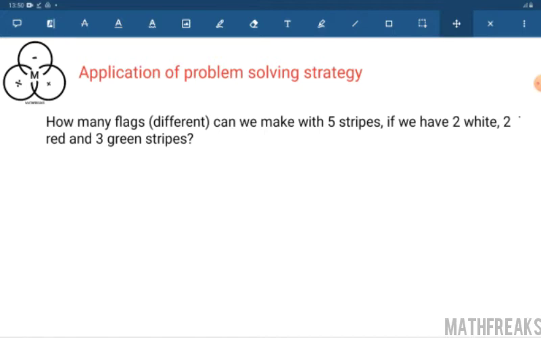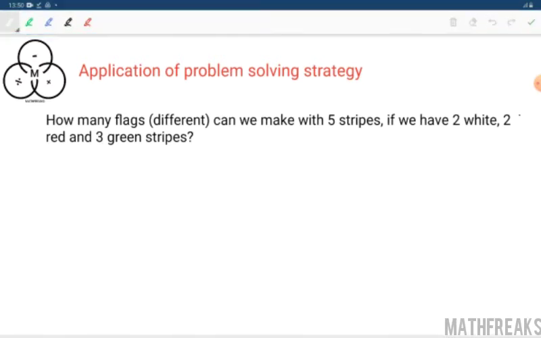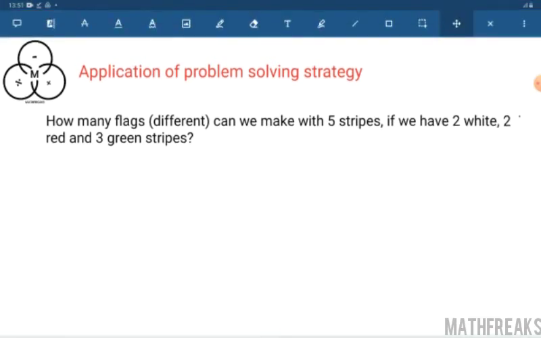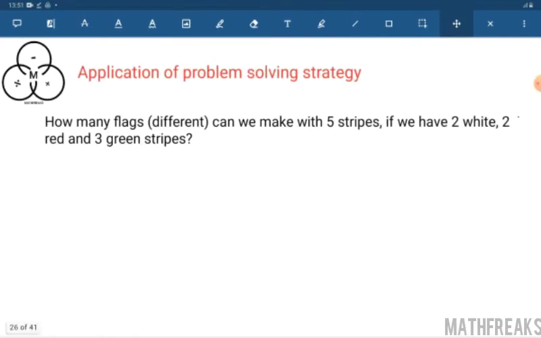First choose, then permute. How many flags can we make with 5 strips if we have 2 white, 2 red and 3 green strips? At first glance you think that it's a problem of permutation with repetition.